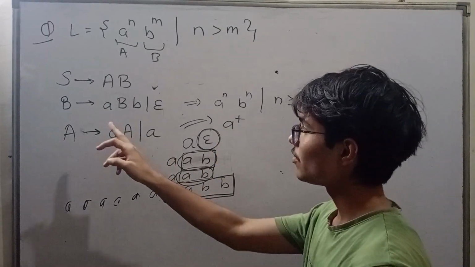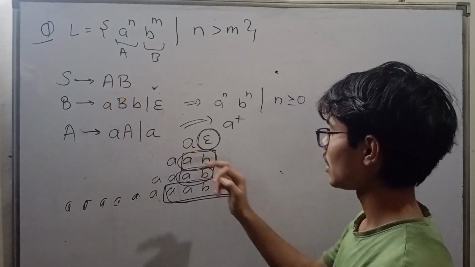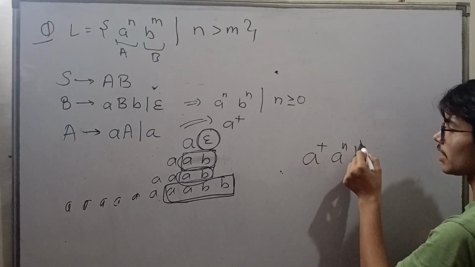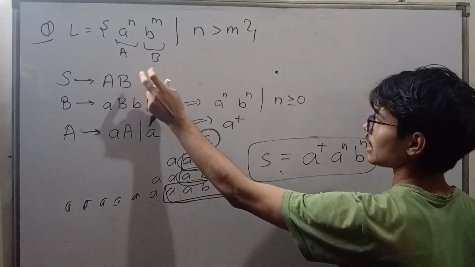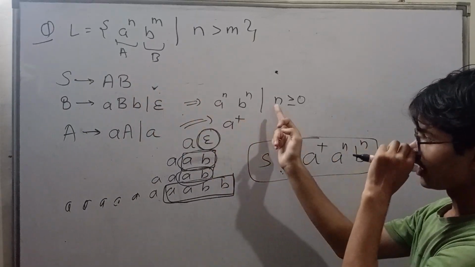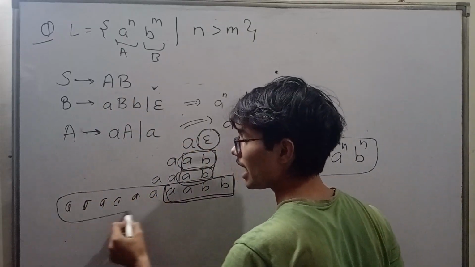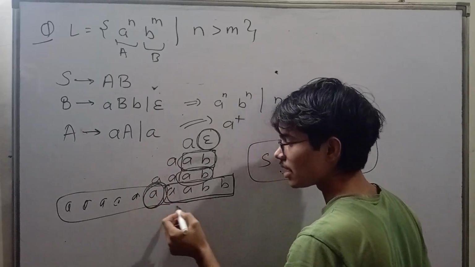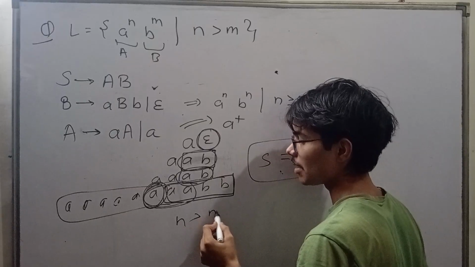Like let's see what is being said here: A plus, A power n, B power n. This is our S. In the place of B I write this, and in the place of A I write A plus, because any number of A can become, and why I write A plus, not A star, because one A must be there so that the number of A becomes greater than n.